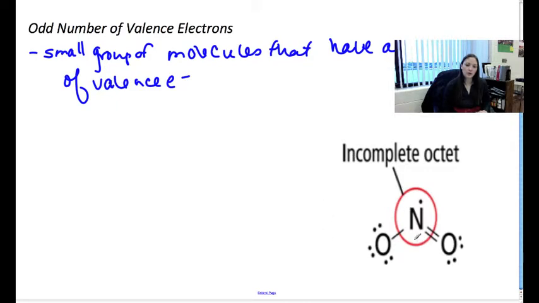Okay, we have NO2, but notice how there's not a minus this time like we saw in the previous problem. So what we end up with is 17 total electrons out of 18, and our N ends up having 7 instead of 8, and it's just fine with that. It's kind of just one of those weird occurrences, okay? An odd number of valence electrons.